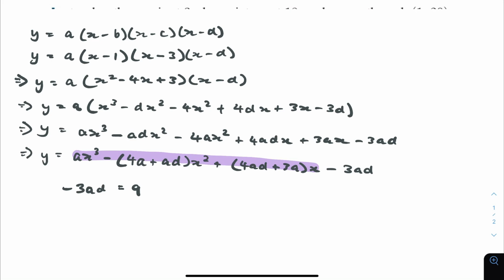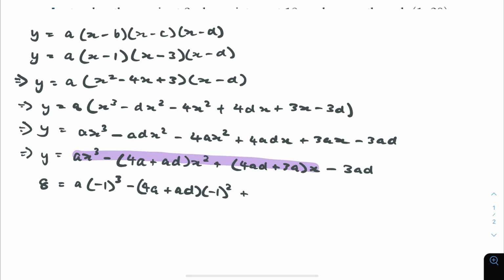The other bit of info we have is that it passes through (-1, 8). So let's substitute 8 for y and put -1 in all the x places. It becomes 8 equals a times (-1) cubed minus (4a plus ad) times (-1) squared plus (4ad plus 3a) times -1 minus 3ad.